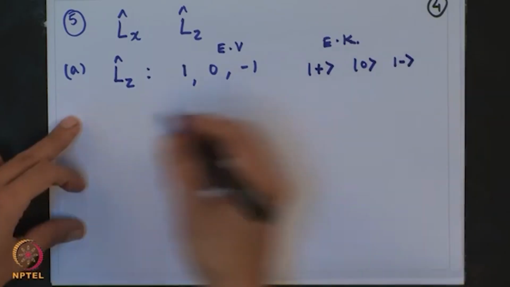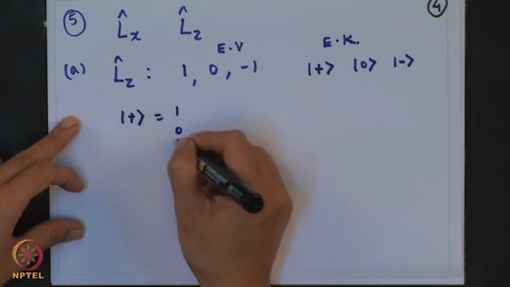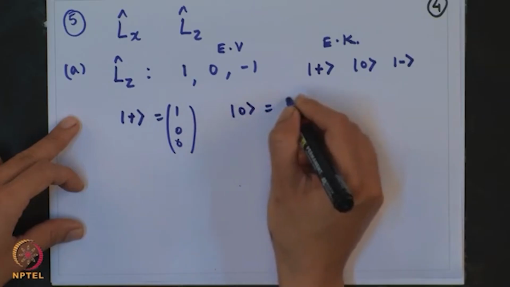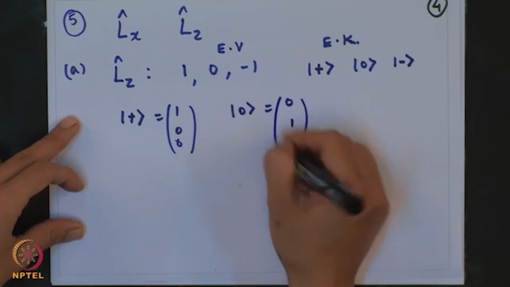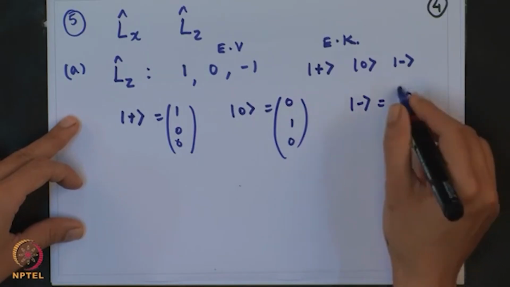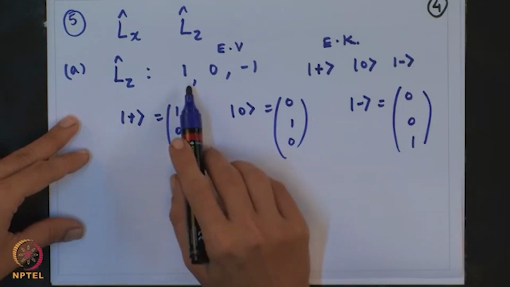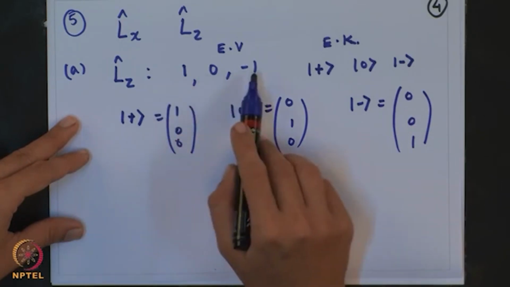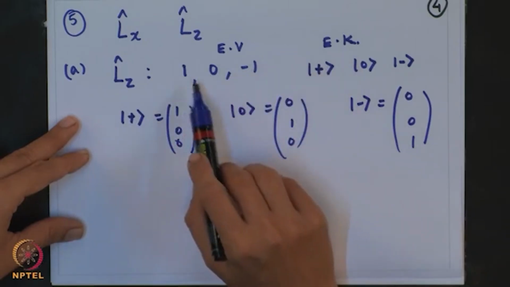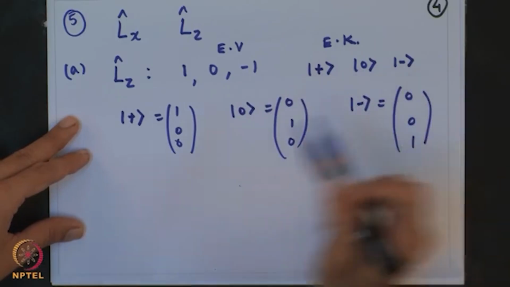Here plus is (1, 0, 0), this is the standard basis, and minus is this. So, the eigenvalues are 1, 0, minus 1 and the eigenstates are plus, 0 and minus.